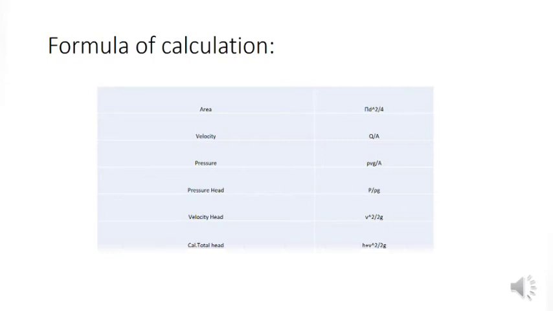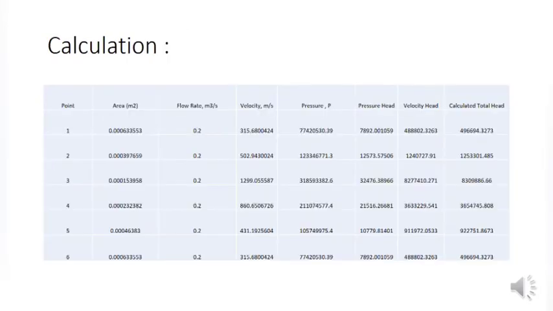Okay, let's see the calculation that we have made. The calculation and the data we get on point 1, point 2, point 3, point 4, point 5 and point 6 is here.